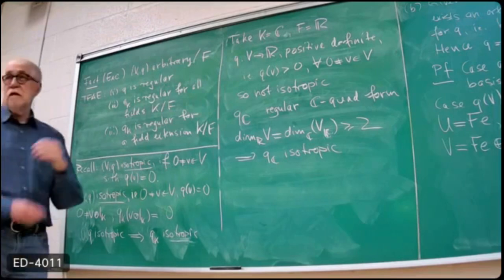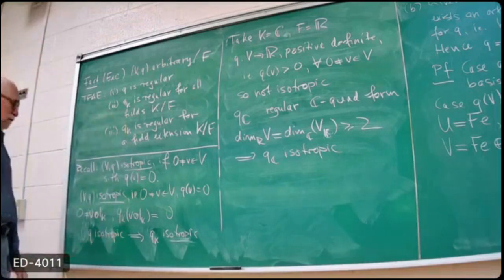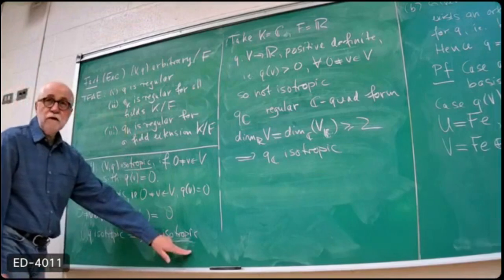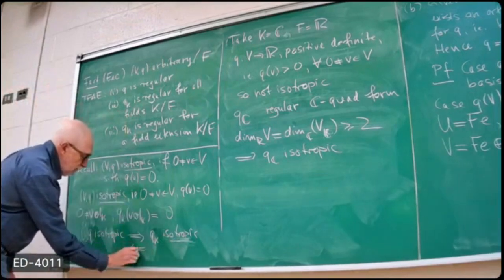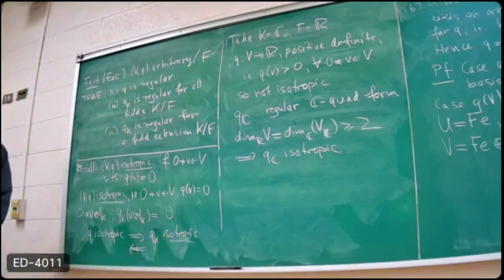This means, turning it around, we cannot go back. Q_K isotropic does not imply in general that Q itself is already isotropic.